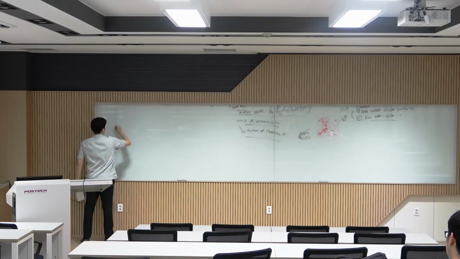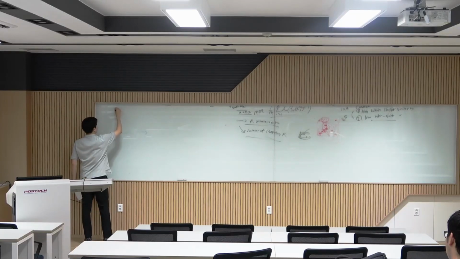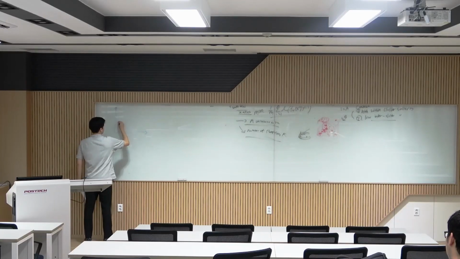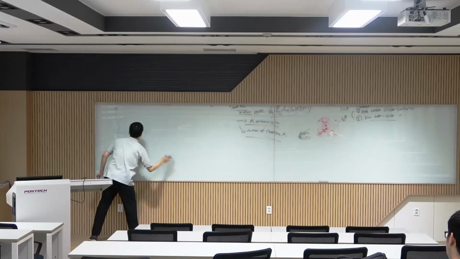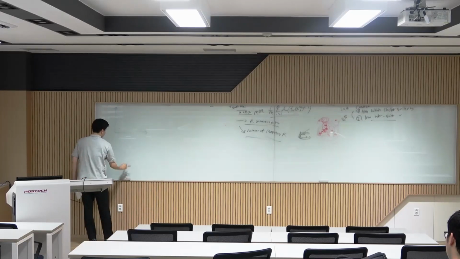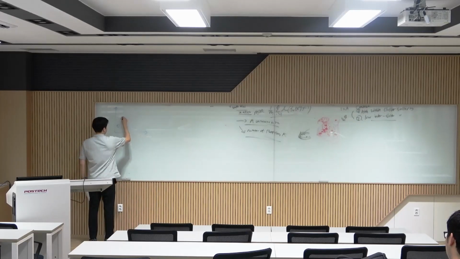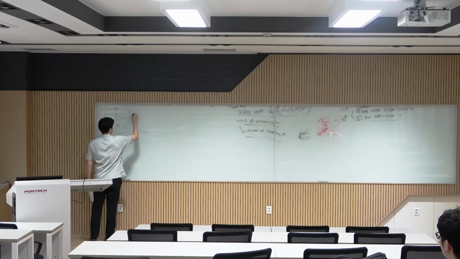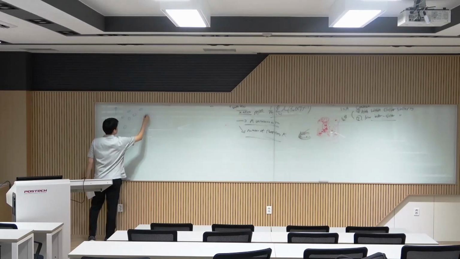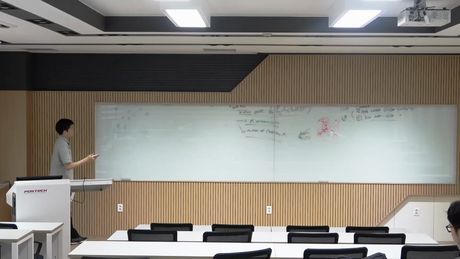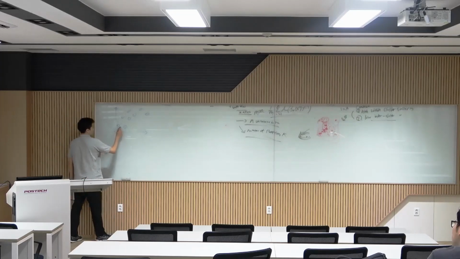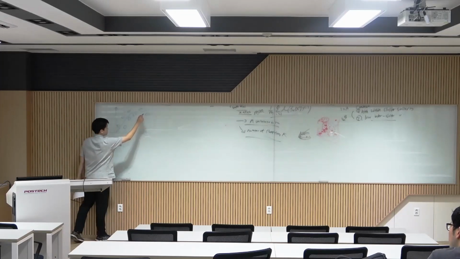Okay? In 2D space, our data looked like this, okay? And our insight says, hey, our regressor should look like this, okay?